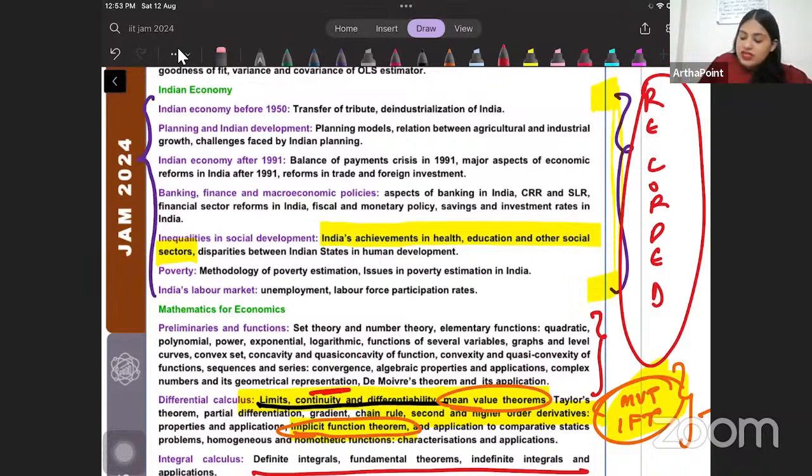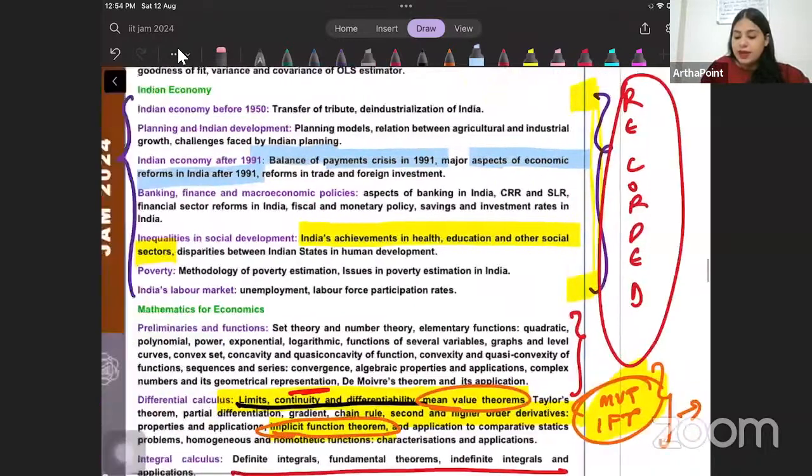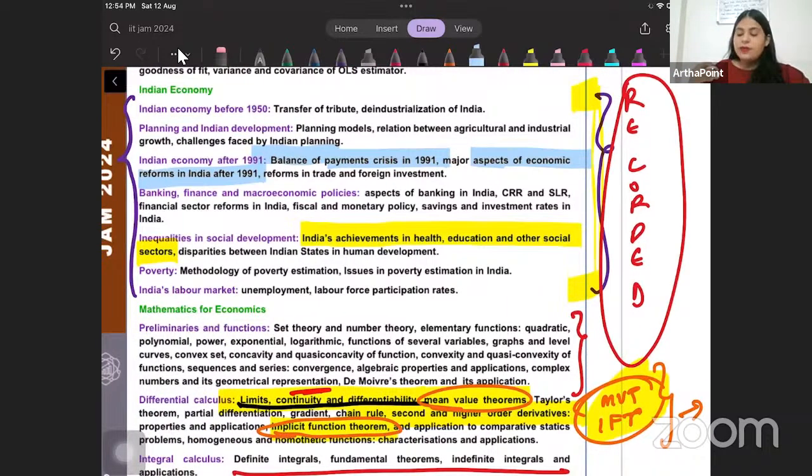Right? So you will already see videos on 1991 BOP crisis. You will already see videos on economic aspects. You will already see videos on 5-year plan. अब अगर आप यहाँ पूरे में देखोगे, so it says relation between agriculture and industrial growth. This is nothing. How can we define the relationship?